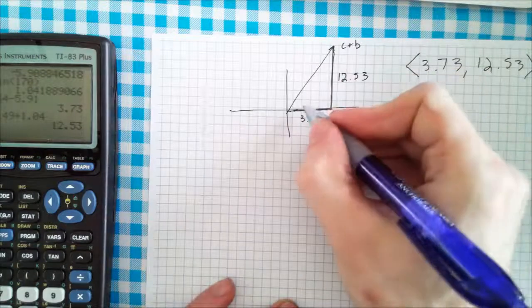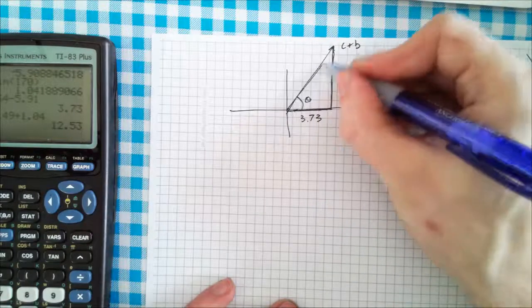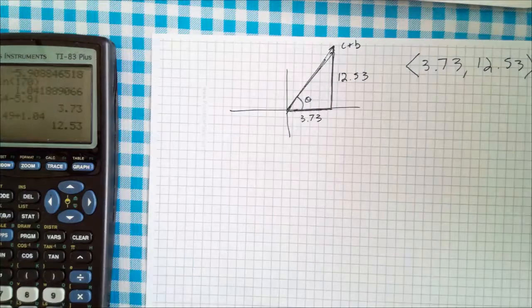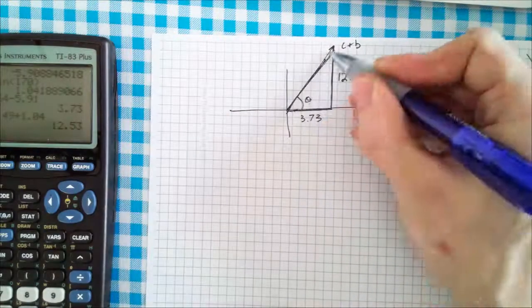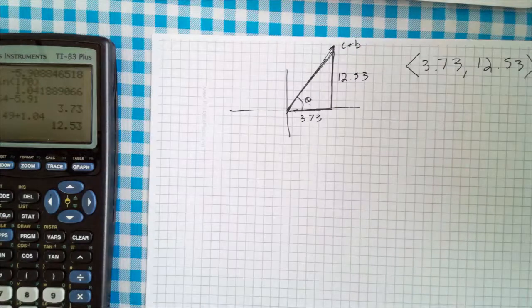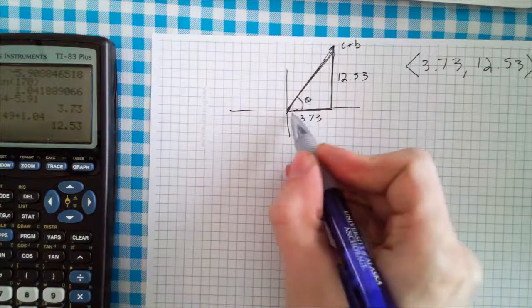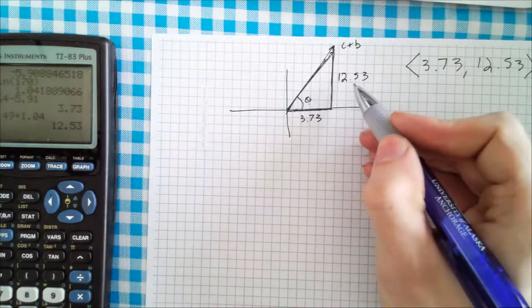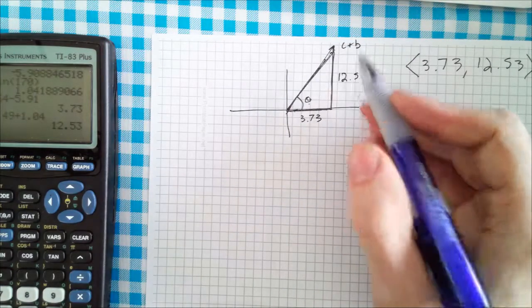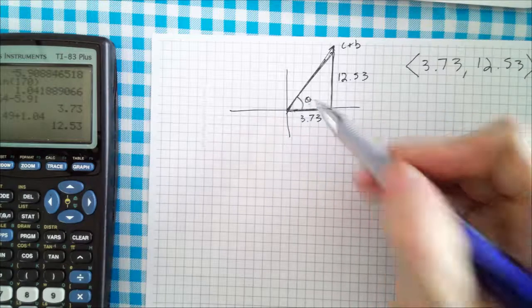We want to know theta, and we want to know magnitude. Okay, what direction is it going? That's theta. And how fast is it going? That's our magnitude, or our hypotenuse. We know that it's going this fast in the x direction, 3.73 miles an hour. We know it's going this fast in the y direction, 12.53 miles an hour. How fast is it going in our new direction, theta?